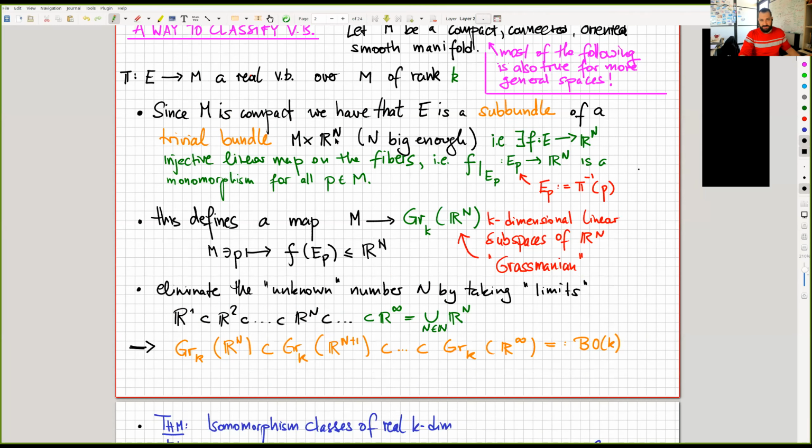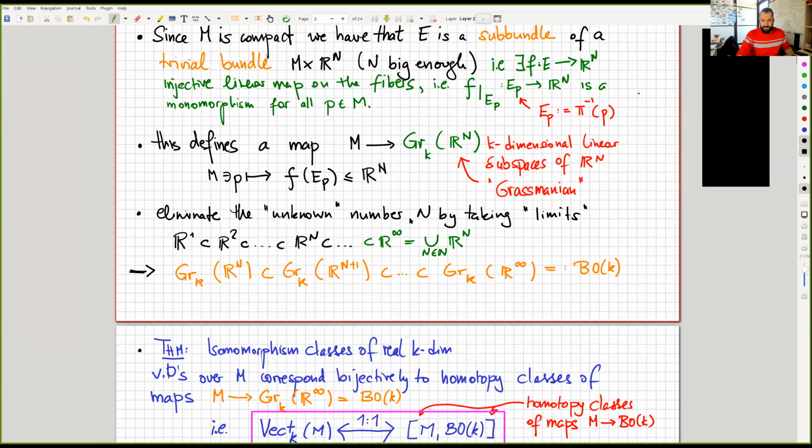So you see this number big N can differ from vector bundle to vector bundle of your manifold. And to get rid of this dependency, because at the end you maybe want just one space to describe all of your vector bundles, you eliminate this number N by taking R infinity instead of R^n.